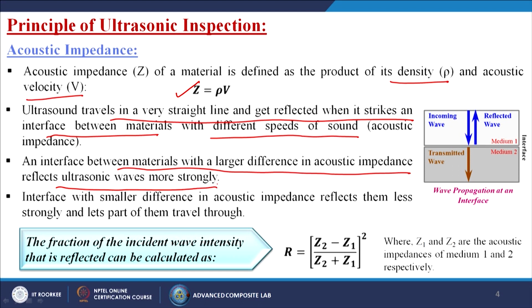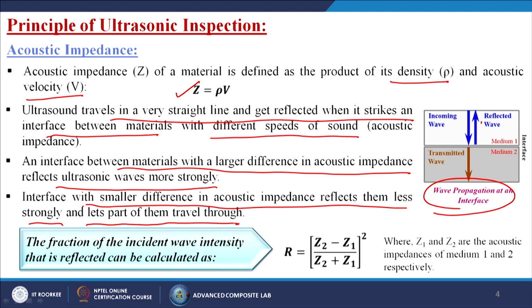In this particular case you can see we have one medium and another medium, medium 1 and medium 2. Some of the incoming waves are reflected and some are transmitted. Generally we call this wave propagation at an interface. An interface with a smaller difference in acoustic impedance reflects less strongly, and more of the wave travels through.